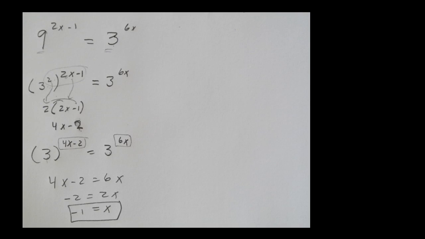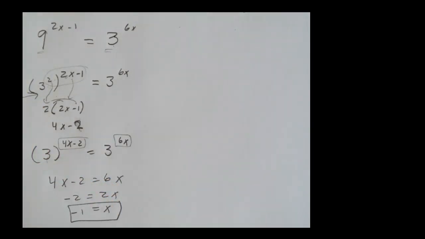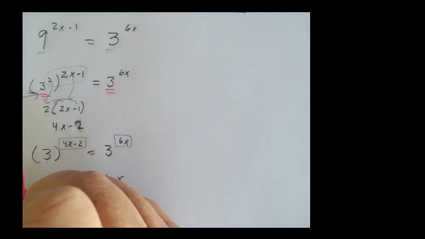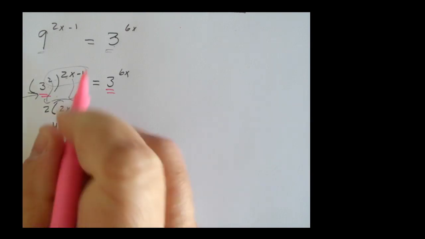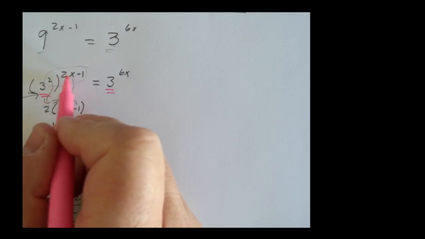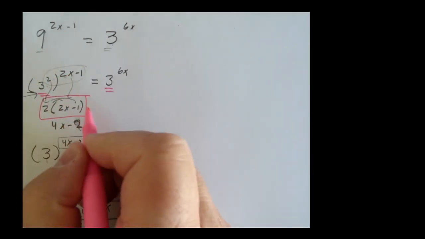So a couple of key points. Get the bases common. Make sure that, with the exponents, you might have to do some work with the exponents. That's right here, our exponent work.